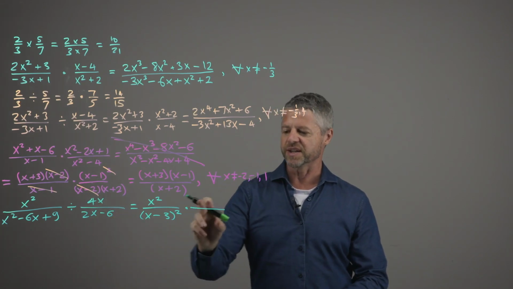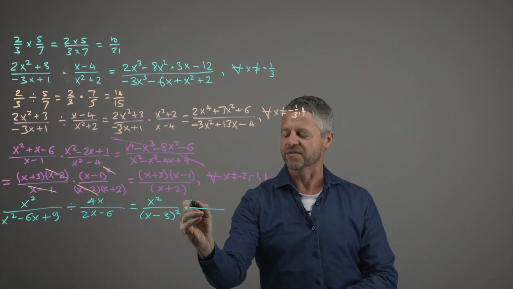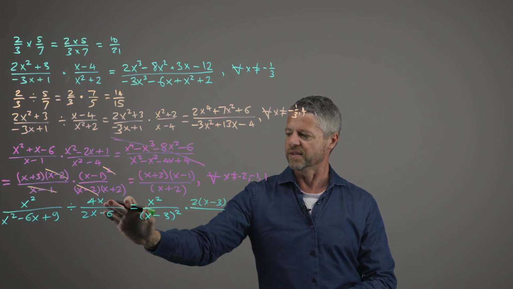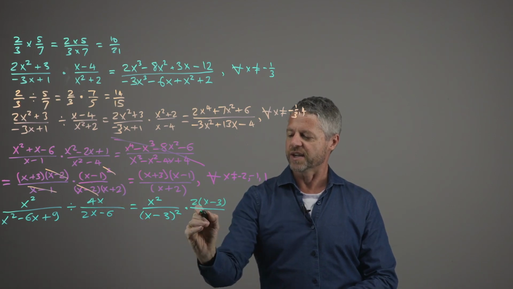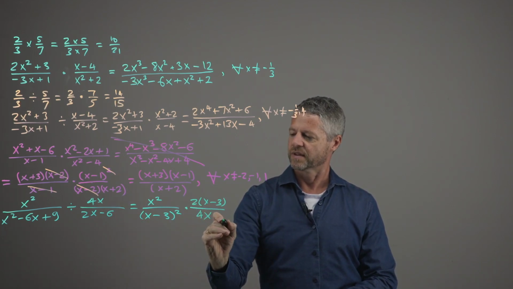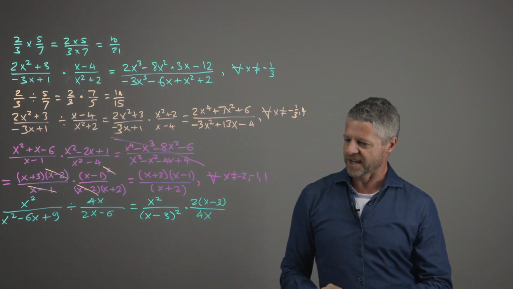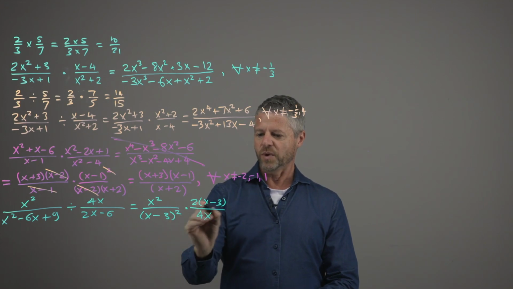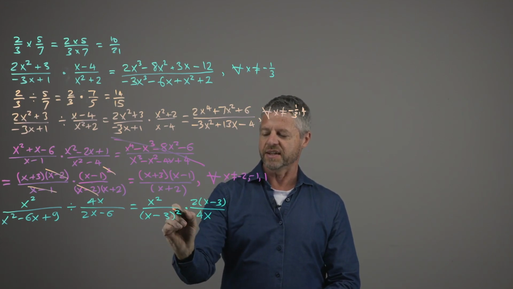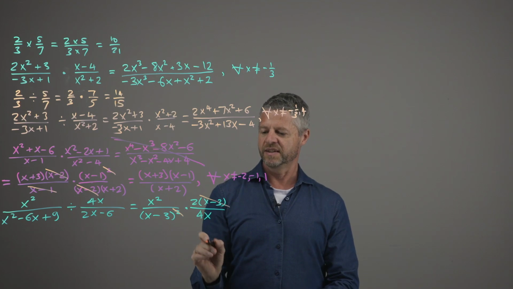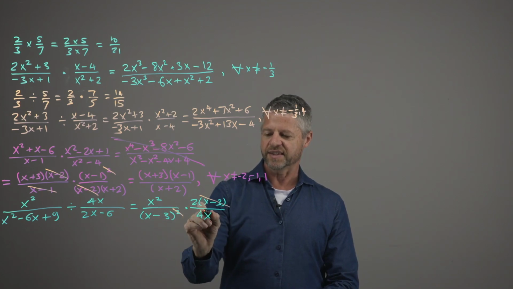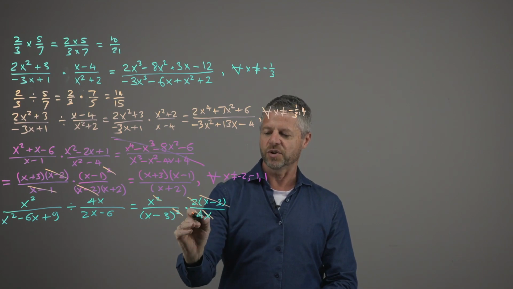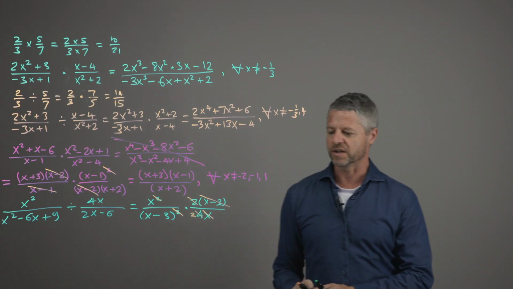So I'll have 2x minus 6 in the numerator, so I'll take a factor of 2 there. And then in the denominator I'll have 4x. Okay, and let's see if I can do some cancelling. One of those x minus 3's down here will cancel with this one up here. The x down here will cancel with one of those x's up there. And then the 2 and the 4, I'll have 2 left in the denominator.